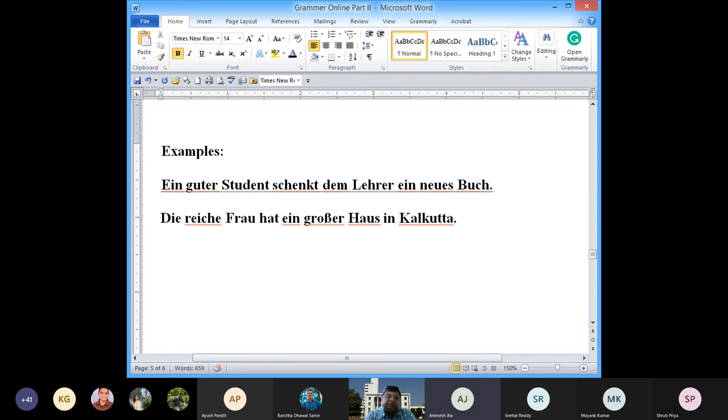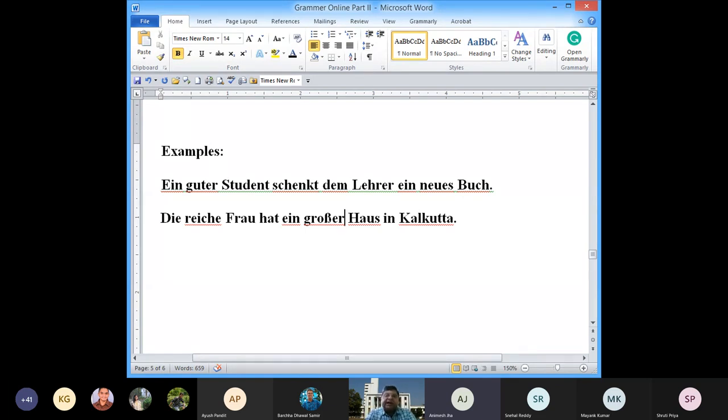Because ein is an indefinite article, and it is nominative, so it should be an er ending, I think. And what is the gender of Haus? So I think male. I'm guessing male.